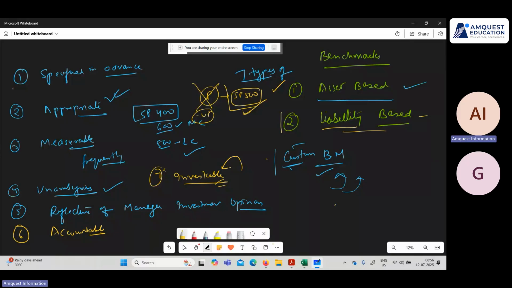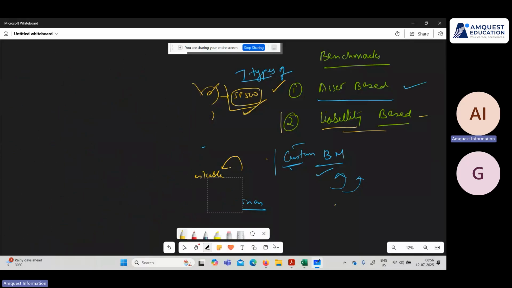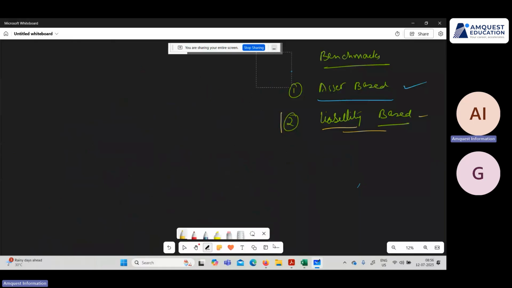Okay. Now let's just start with 7. They are small ones, would not take much time. So I may not complete 7, but let's just start since we have some time. One of the things is the absolute benchmark. The name explains.